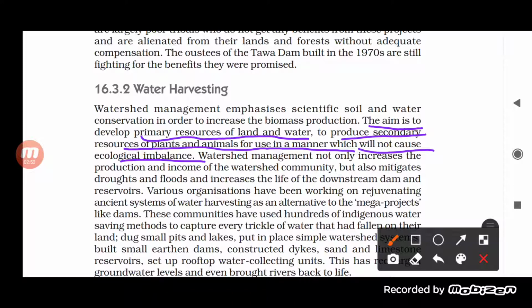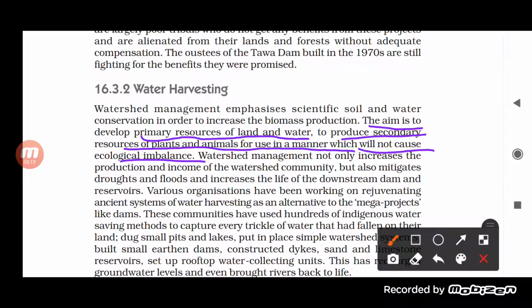Watershed management not only increases the production and income of the watershed community but also mitigates drought and flood, and increases the life of downstream dams and reservoirs. Various organizations have been working on rejuvenating ancient systems of water harvesting as an alternative to mega projects like dams.